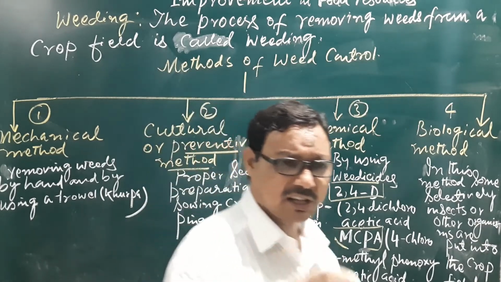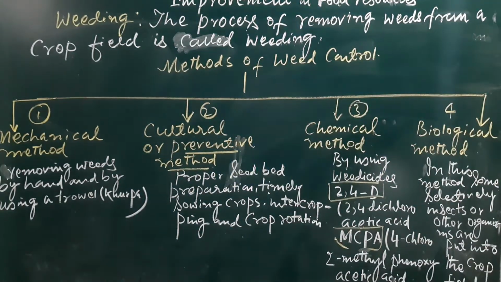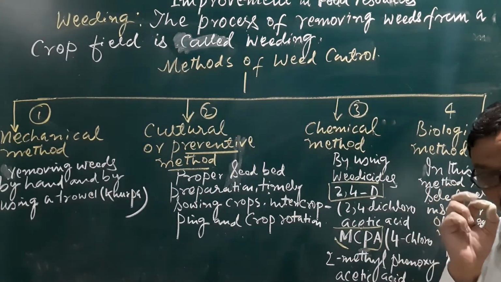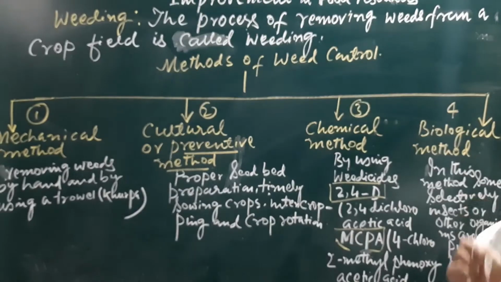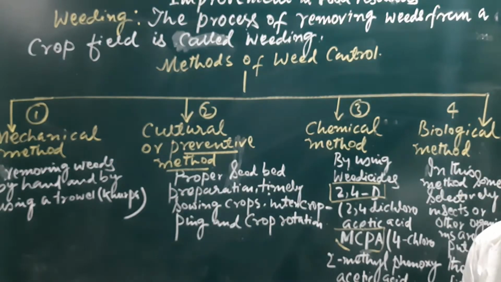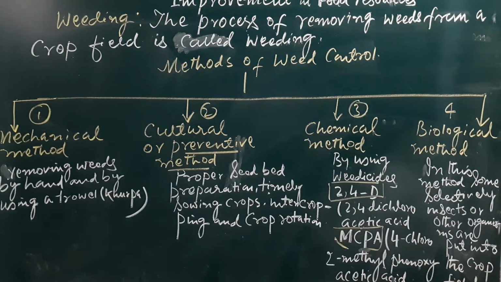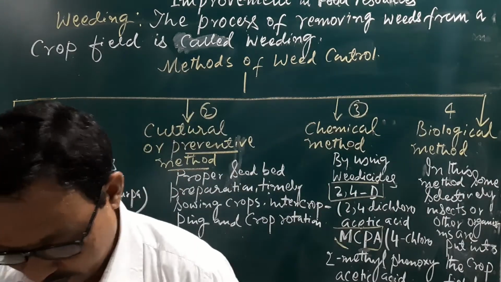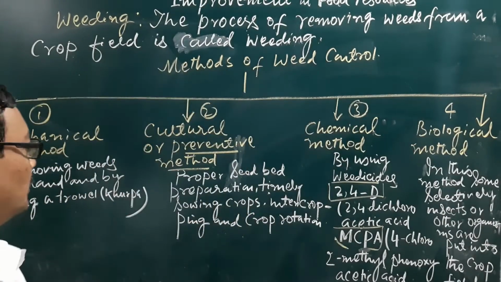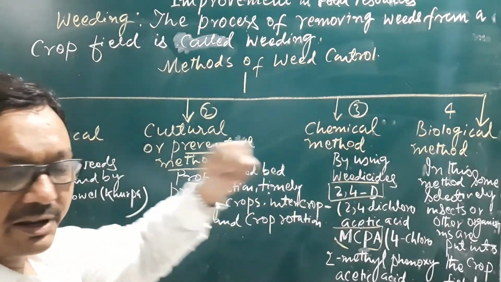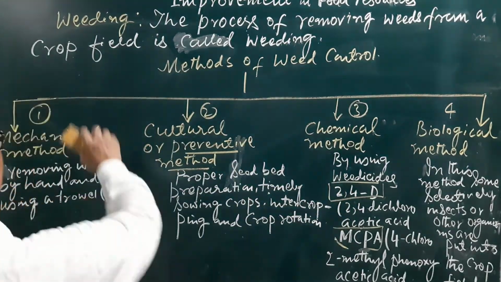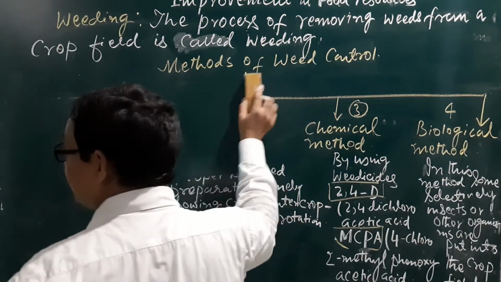The special feature of that kind of organism or insect is that they can only harm the weeds without harming the main crops. So in this method, some selected insects or other organisms are put into the crop field having weeds. We will look at 2 or 3 examples by which you can understand the biological method further.